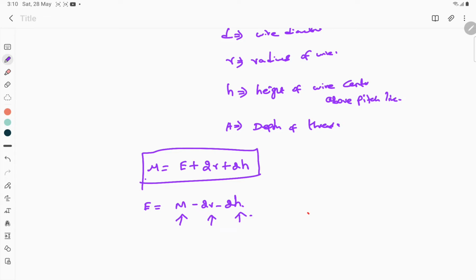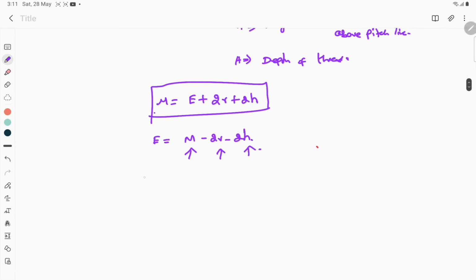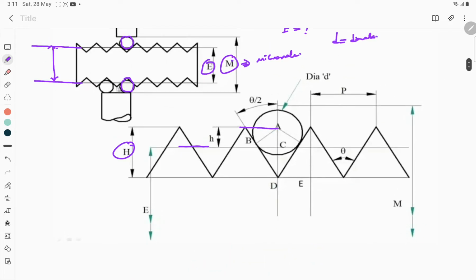In order to find h, we have to do some derivation. We will see one by one how to get h now. From the diagram you can see h is nothing but AC.